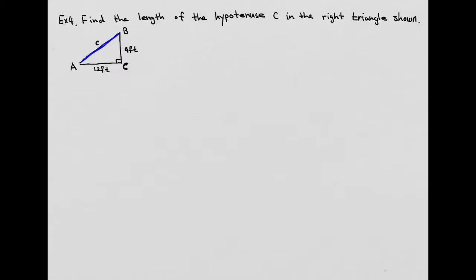If c is your hypotenuse, c squared equals a squared plus b squared. So the sum of the squares of those two sides should equal the square of your hypotenuse. This is called the Pythagorean theorem.